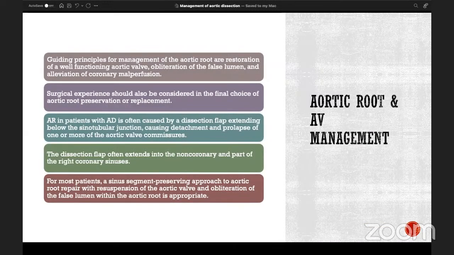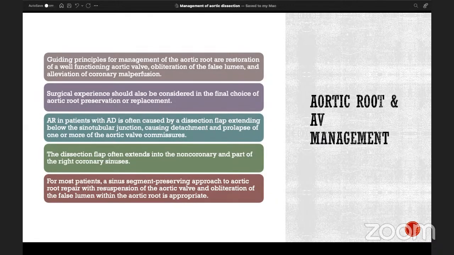Here, the management of the aortic root as well as the aortic valve will depend on the extent of damage that has occurred to those structures. And the principle for the management of the root is to restore a well-functioning aortic valve, obliterate any false lumen, and alleviate the coronary malperfusion.